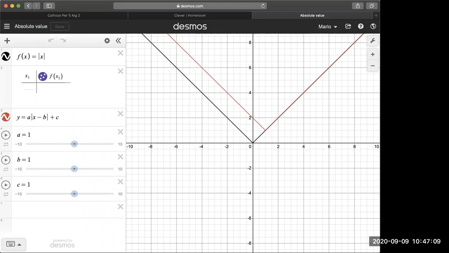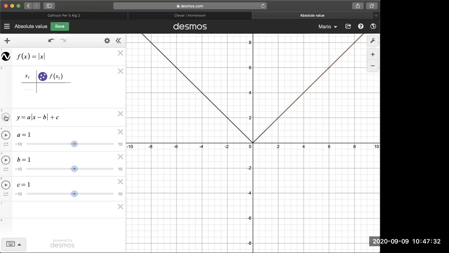I always like to say, when I drive to work, I drive 5 miles to work. When I go home, I don't drive -5 miles. It's still a positive 5 miles. Distance is always positive. So absolute value cannot be negative.